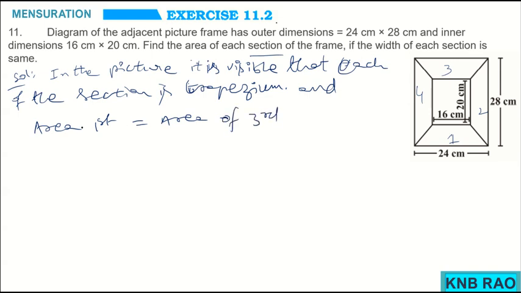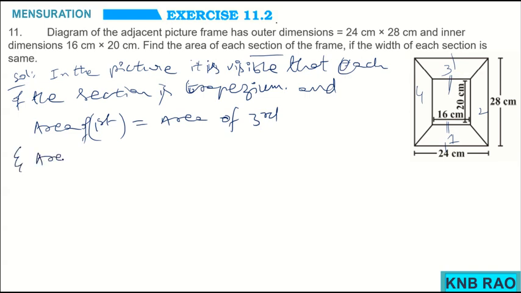Why? Because they have same sizes. Outer sizes are 24, 24, inner sizes are 16, 16. So that is the reason why we can say they have same area.